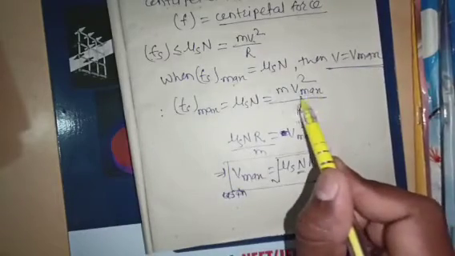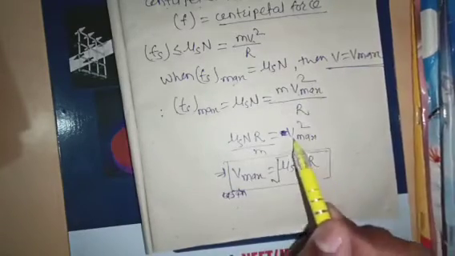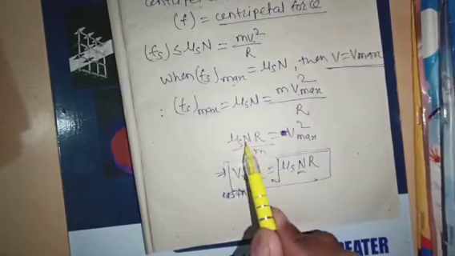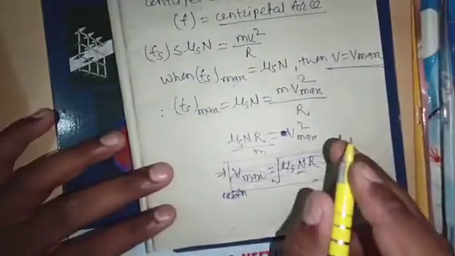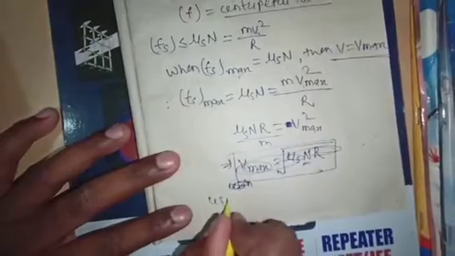By using this we have to find the maximum velocity. Maximum static friction is equal to mu s N, which is equal to m v maximum square divided by r. We only have to find v maximum square. V maximum square is equal to mu s N into r, by cross multiplication, divided by m. Then using equation 3.